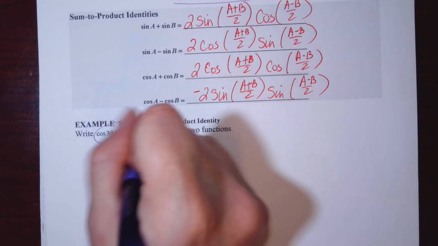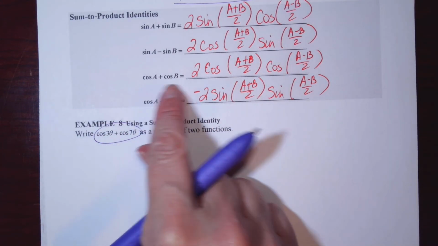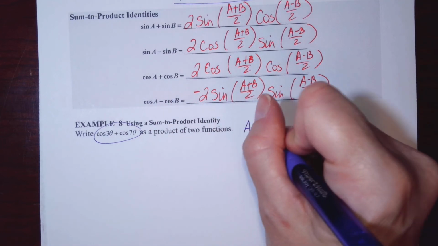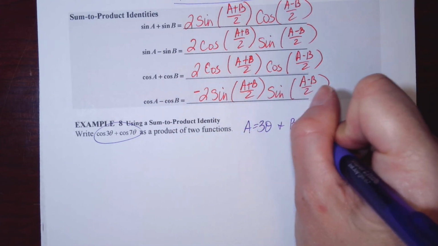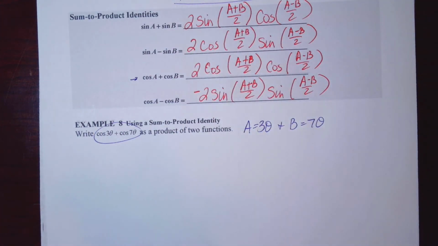Here we have cosine of A plus cosine of B. That's this third identity right here, where A is 3 theta and B is 7 theta. We're going to use this one right here.